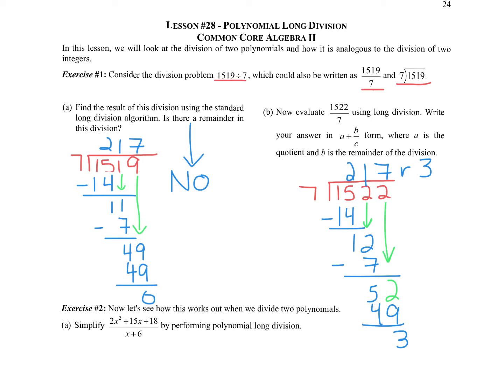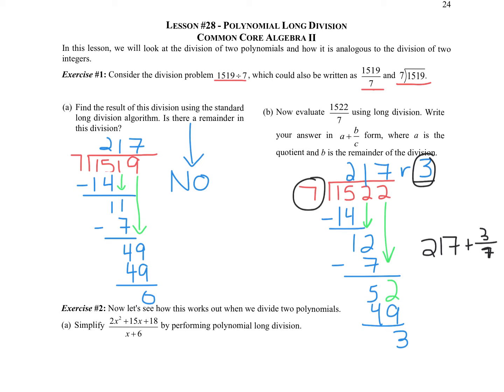Now, what this means is 7 goes into 1,522 217 times, plus we have 3 out of 7 left. So we didn't get up to 218, okay? But we have a fraction left, so 3 out of 7 is how we can write that answer.